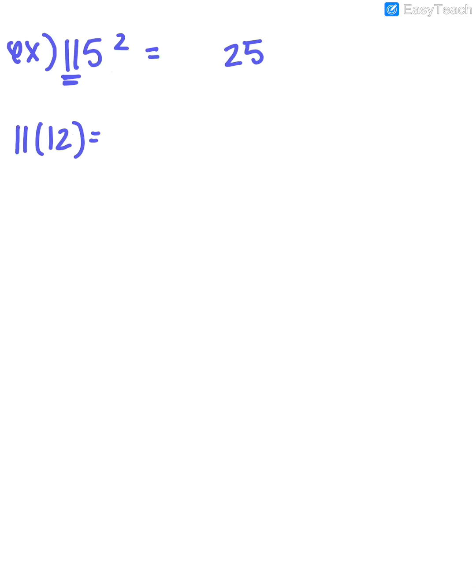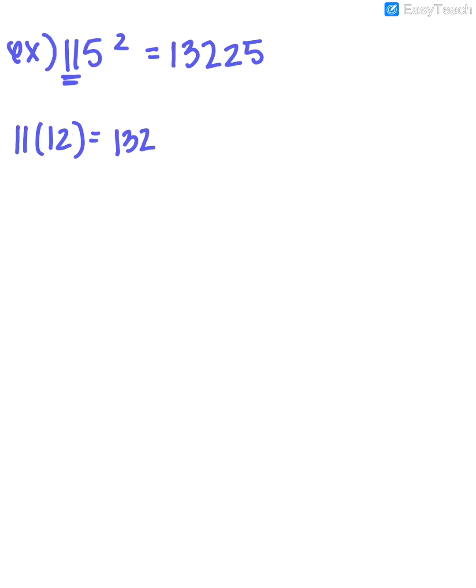And you should know that the answer is 132. And so your answer for 115 squared is 13,225.